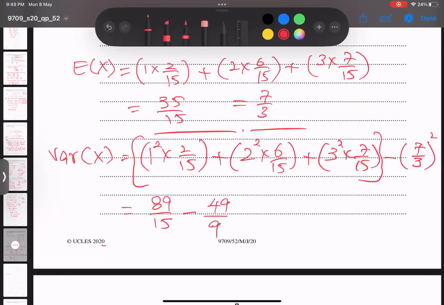And if I type in the calculator, the final answer is 0.489, or you can write it in fraction form even. So it is okay.